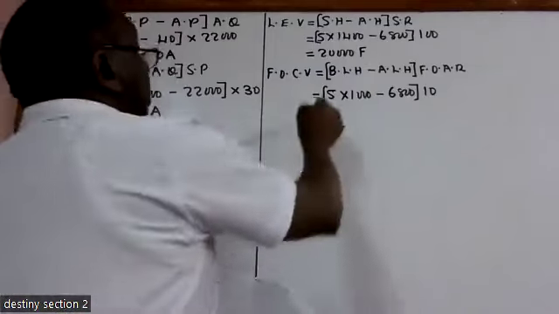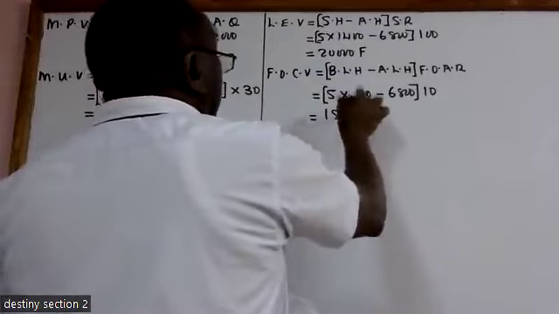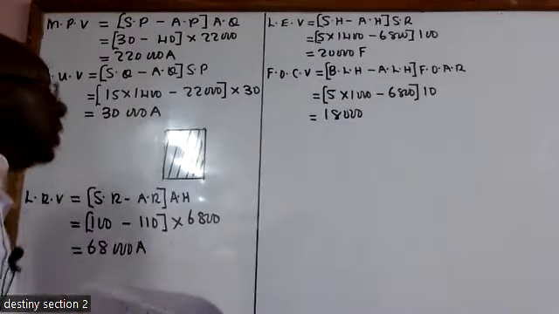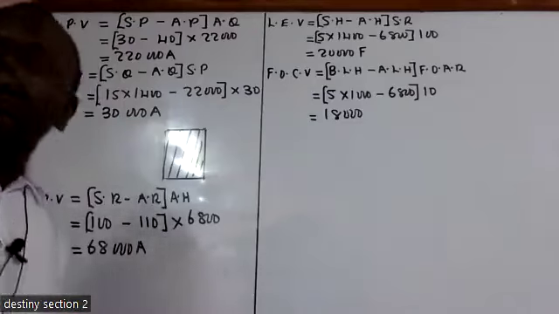Okay, so this is 18,000. Is that favorable or adverse?